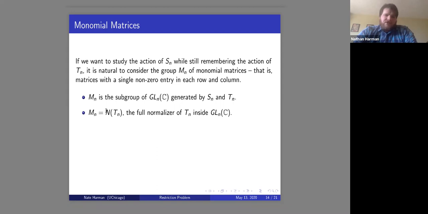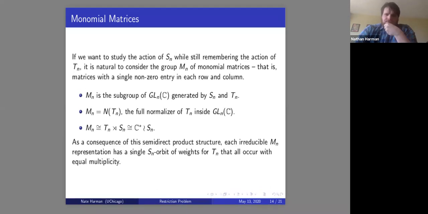So forcing this torus, where we already understand this action, to be normal is supposed to help. And we know what the structure of this group is. It's a semi-direct product, or you can write it as a wreath product. And wreath products are something where we understand the representation theory pretty well, sort of as well as we understand the representation theory of both sides, which in this case is pretty well.